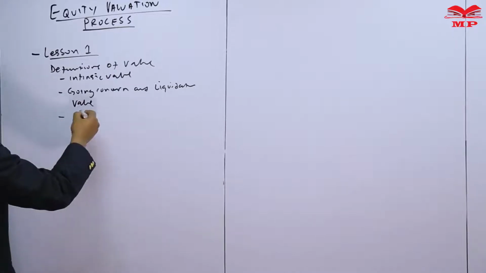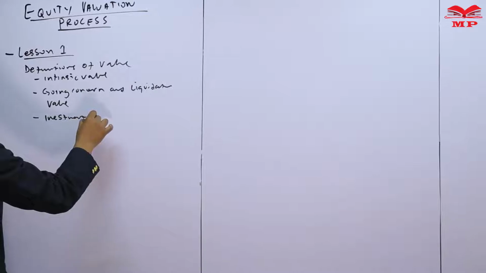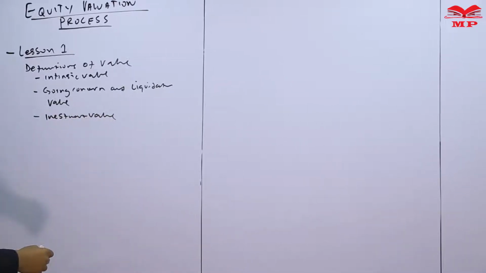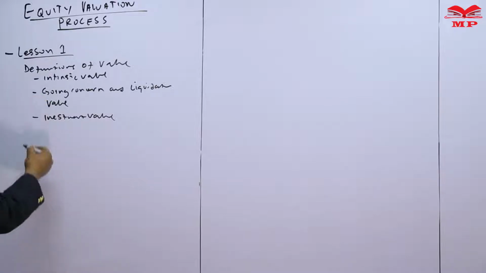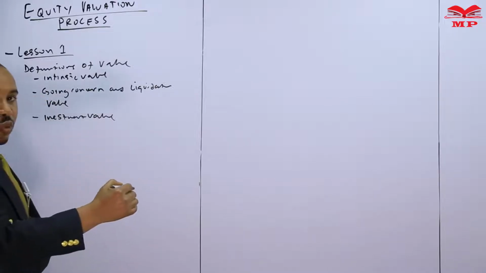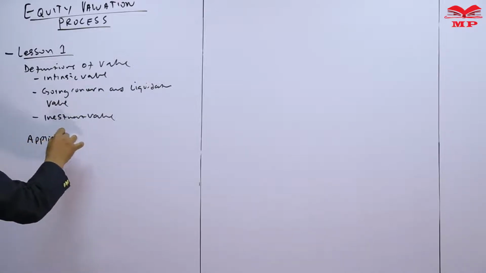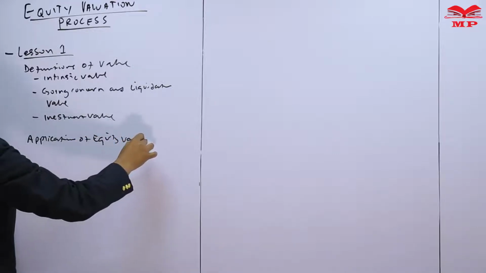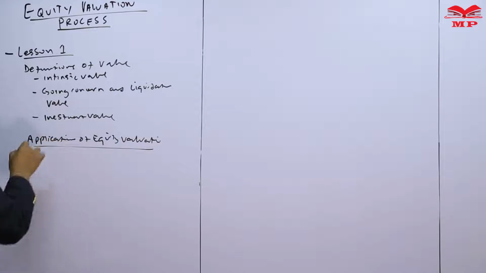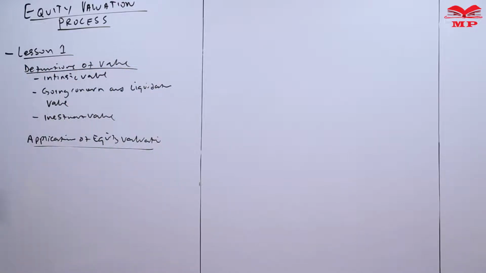We also looked at investment value. We went ahead, still under lesson 1, to look at the applications of equity valuation. So that is what we looked at in lesson 1.